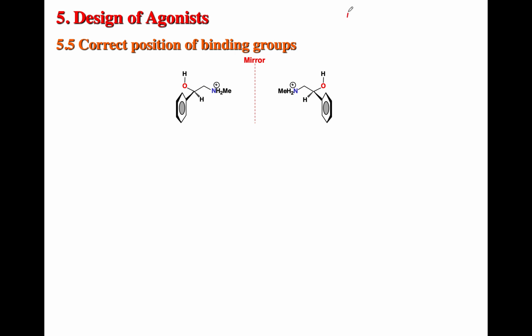Quinine is an anti-malarial. Quinidine is an anti-arrhythmic. The difference between those two, I can't remember if they're mirror images, but I know it is the orientation around a particular chiral center.